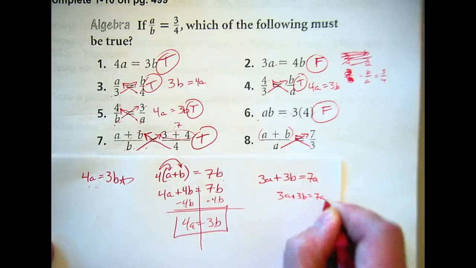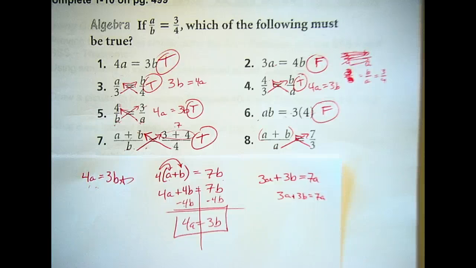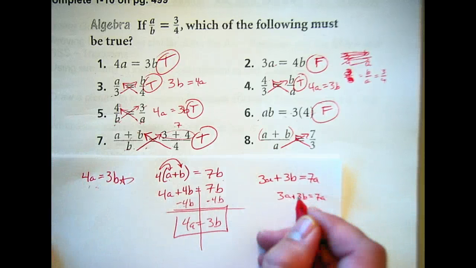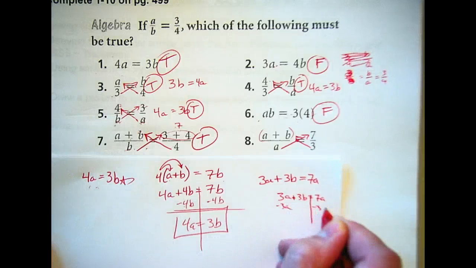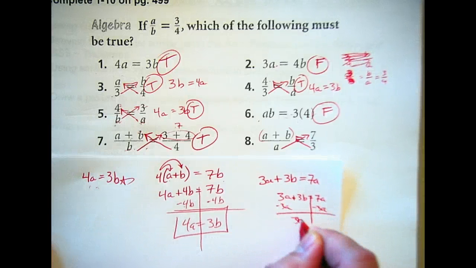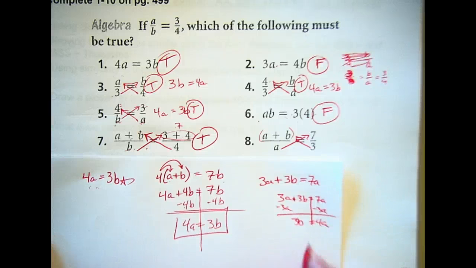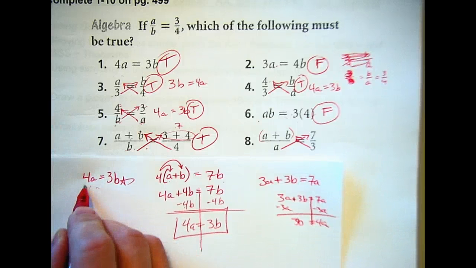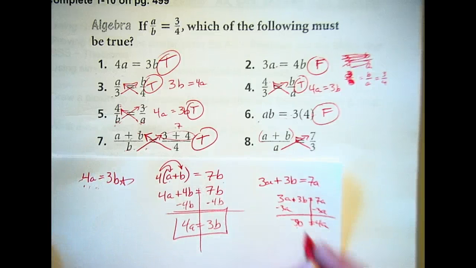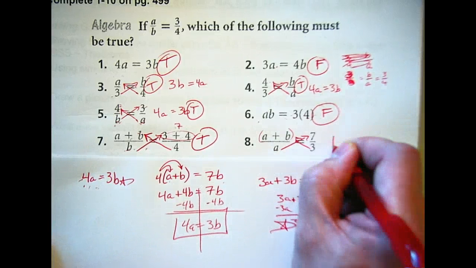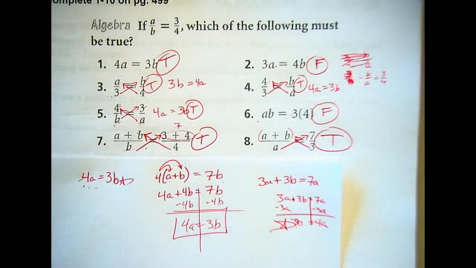That is not 4A equals 3B, is it? Let's subtract 3A. If I subtract 3A, I get 3B equals 4A. Is that what we want? Is it okay for the 4A to be on the other side? Yes. There you go. This is true. How many said it was true?